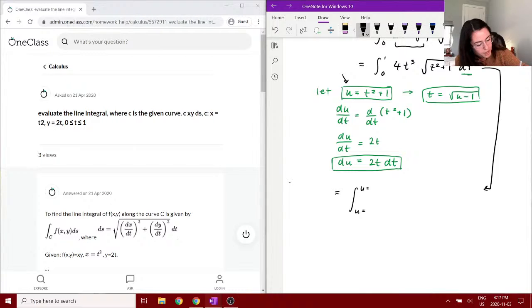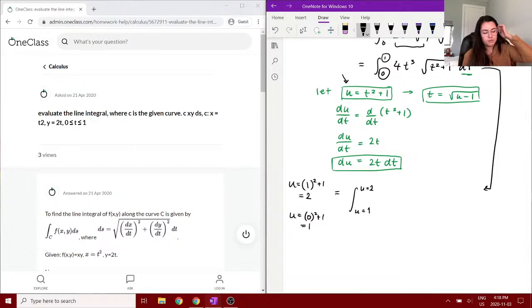For the top bound, t was 1, so we have 1 squared plus 1, and that is just 2. So u equals 2. And on the bottom bound, t is 0, so we have 0 squared plus 1. So u equals 1 on the bottom bound.